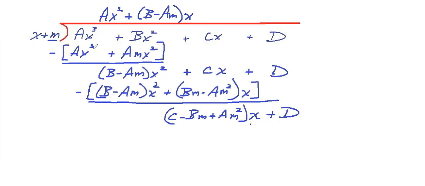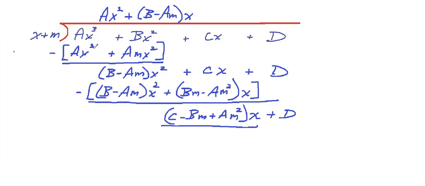Okay, well now I have a degree 1 and a degree 1. Remember, the remainder has to be a degree less than this thing. So we can go one more time.